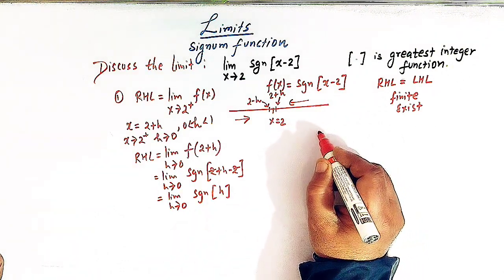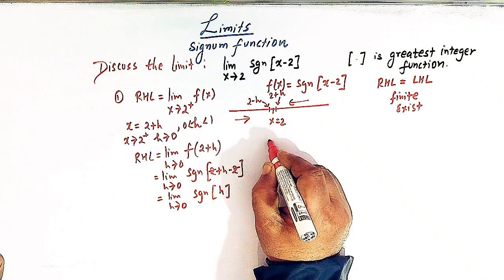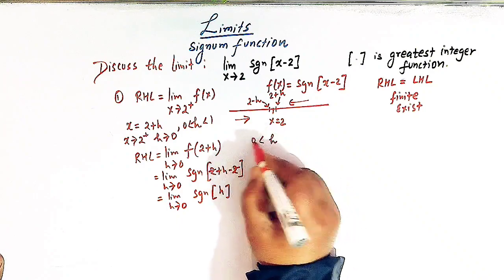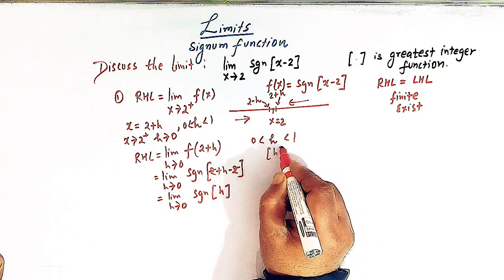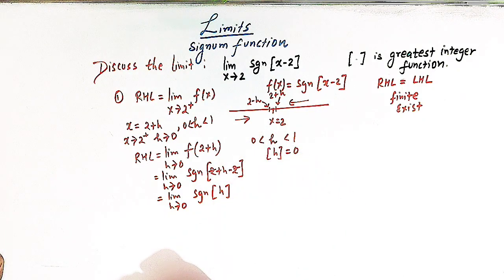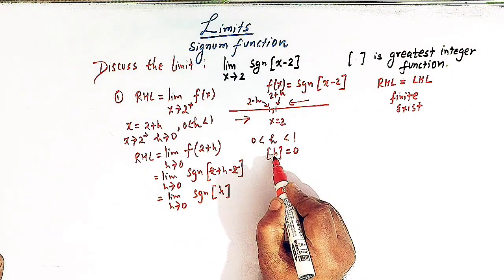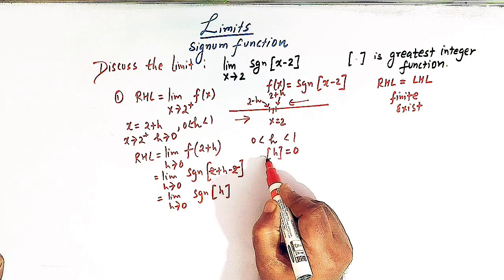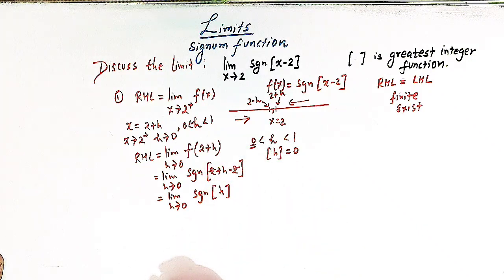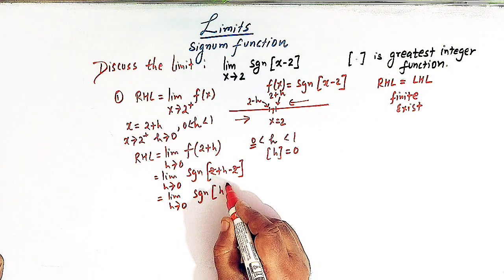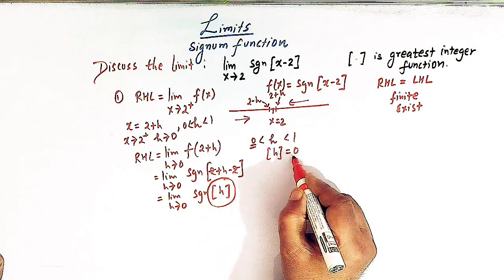So from the definition of greatest integer function, when h lies between 0 and 1, then the greatest integer of h should be equal to 0, right? Because the greatest integer of h that is less than or equal to h is this number, that is 0, right? So here we have the greatest integer of h as 0.